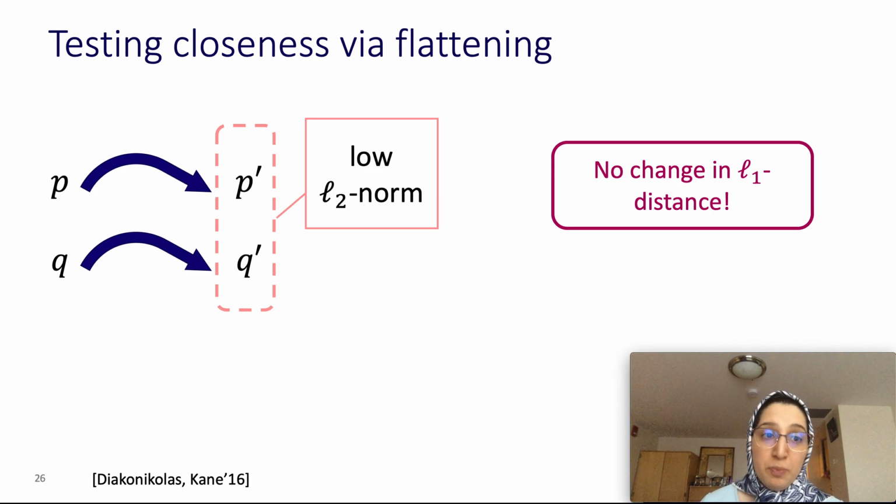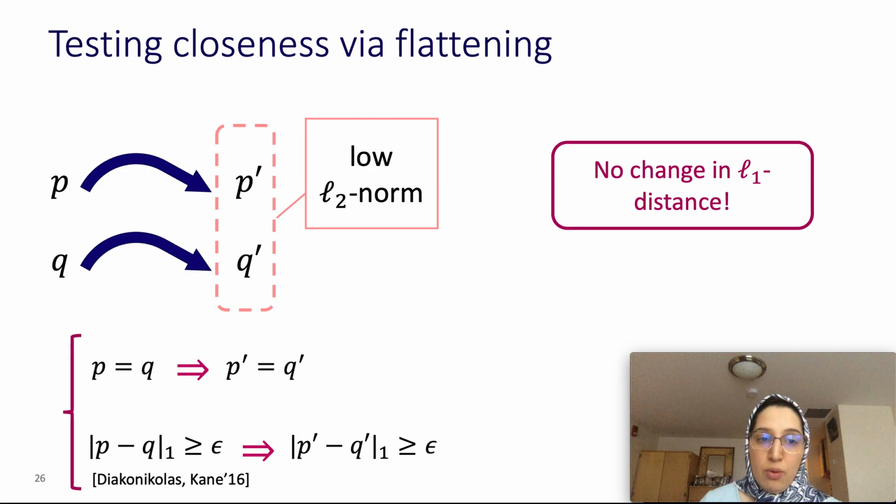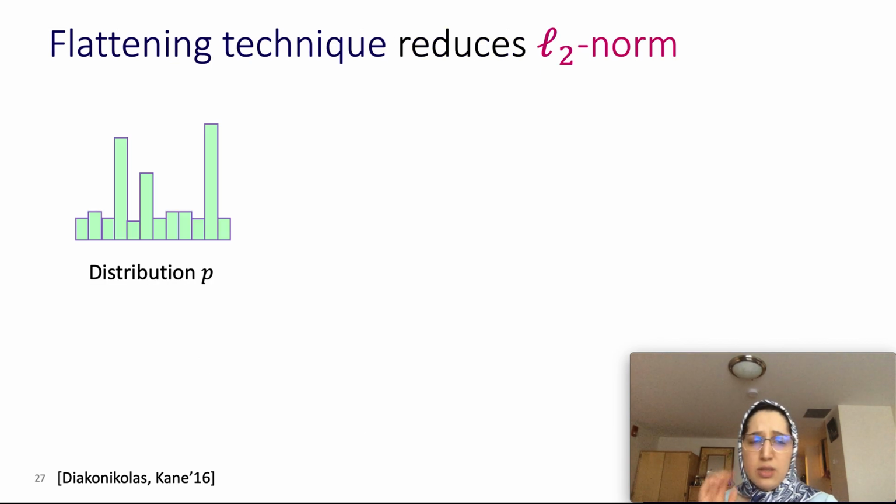So if P and Q used to be equal, they will remain equal after this mapping, or if they used to be far, they will remain far afterward. So now I can just map the distributions and test P prime and Q prime instead of P and Q. And since P prime and Q prime have lower L2 norm, I can test them more efficiently. So how does this mapping essentially happen?